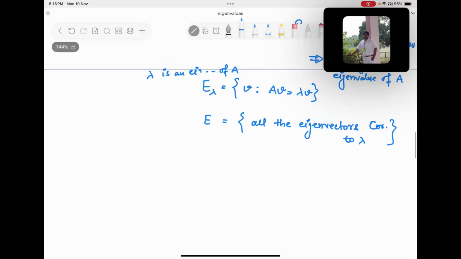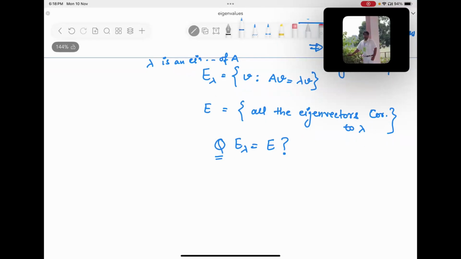Now can you tell me, are both E lambda and E the same?